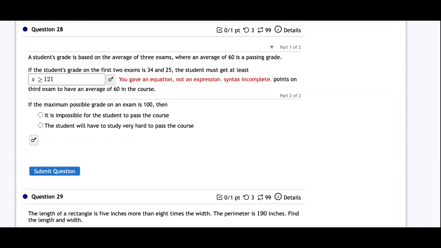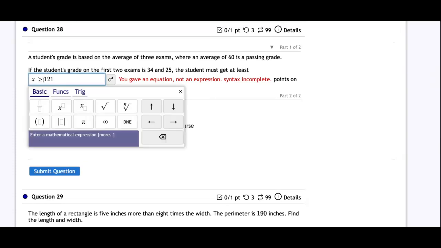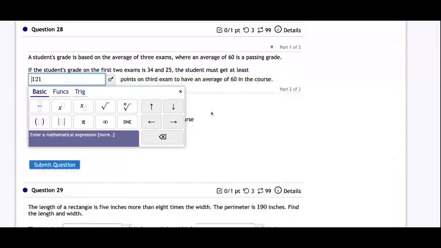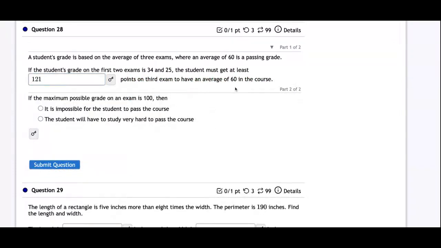So this student has to get, you give an equation, not an expression. Oh, he wants an expression. The student must get at least, okay, at least, 121 points on the third exam to have an average of 60 in the course.